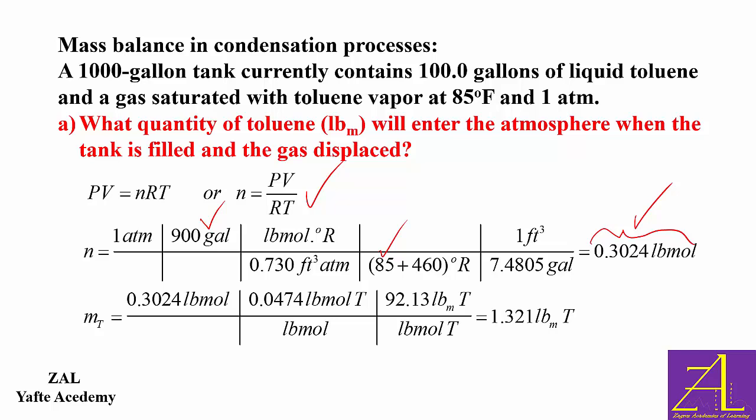Once we have that, and also the mole fraction of toluene, this will be the total number of moles of toluene. Once we multiply it by its molecular weight, we will get the mass of toluene as you see here.